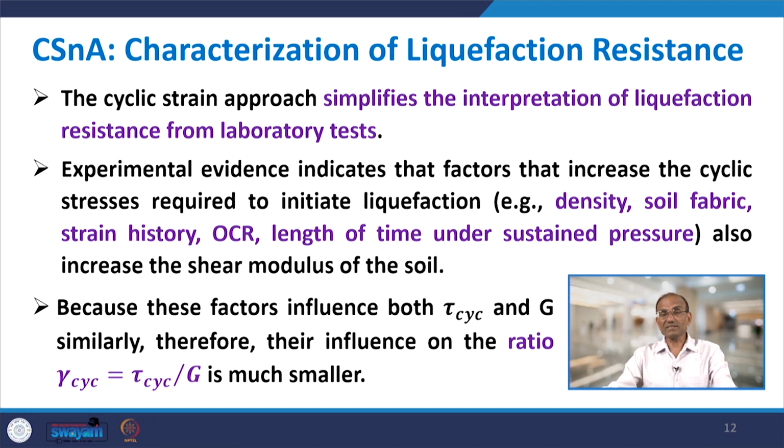The cyclic strain approach simplifies the interpretation of liquefaction resistance from laboratory tests. Experimental evidence indicated that those factors which increase the cyclic stresses required to initiate liquefaction, for example density, soil fabric, strain history, over-consolidation ratio, and length of time under sustained pressure, also increase the shear modulus of the soil.